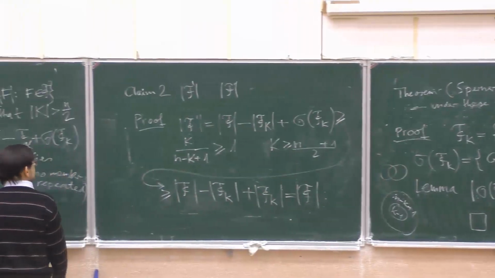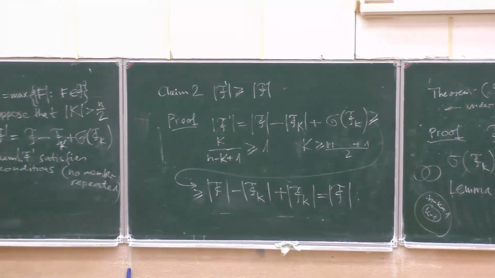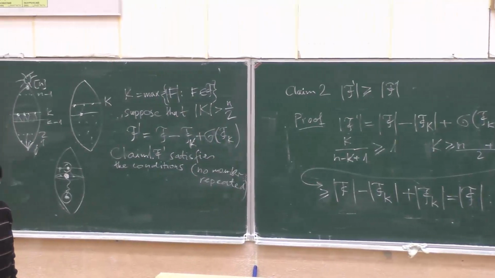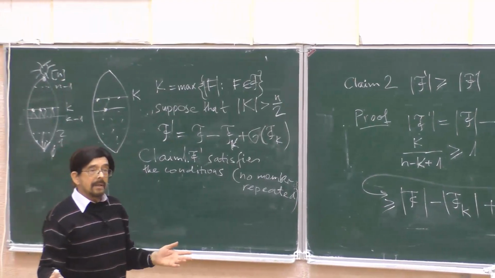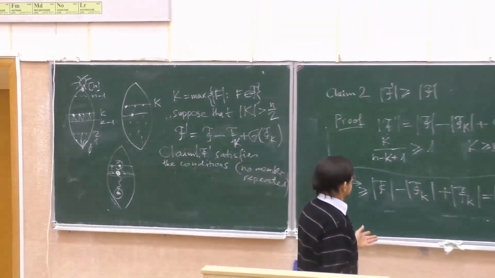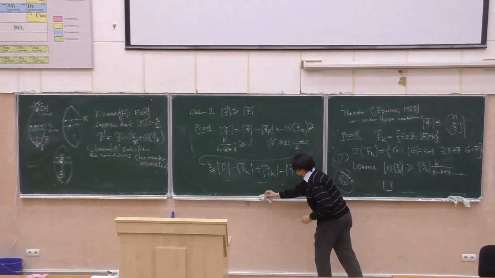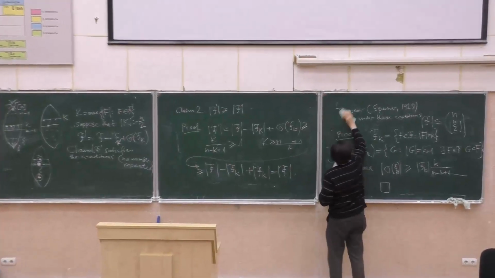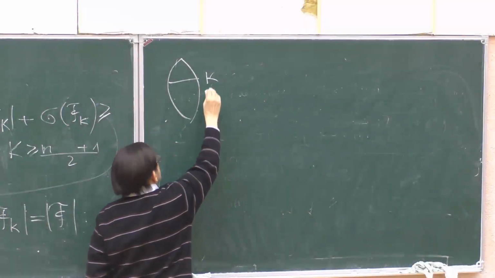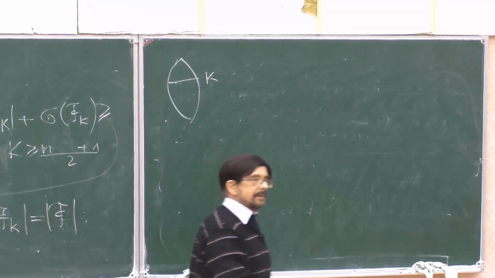So what we obtained is that the new family is at least as big. It is a good family again, and its size is bigger. So we repeat it. You remember the theorem, I hope. So we started from the kth level, and we pushed down by 1.